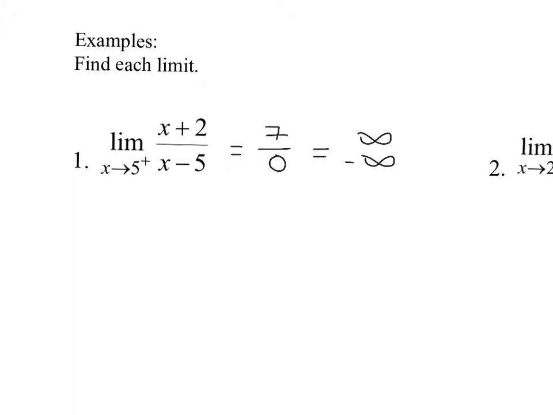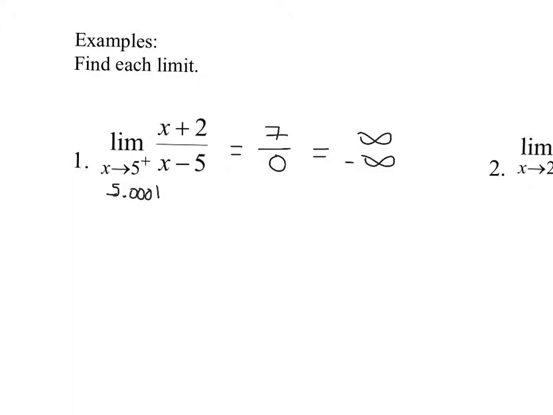I guarantee it. So what I'm going to do is really try to figure out what happens to the bottom. So I'm going to 5 from the right. So 5 from the right are going to be numbers slightly bigger than 5. So what's a number slightly bigger than 5? Let's say 5.0001. That's slightly bigger.